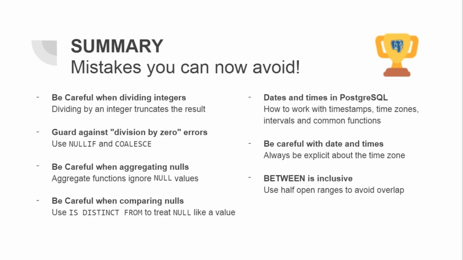Next, we saw an overview of working with dates and times in PostgreSQL. Okay, we saw a bunch of useful functions. We got to know different terms like time zone, epoch, Unix time, daylight savings, interval.